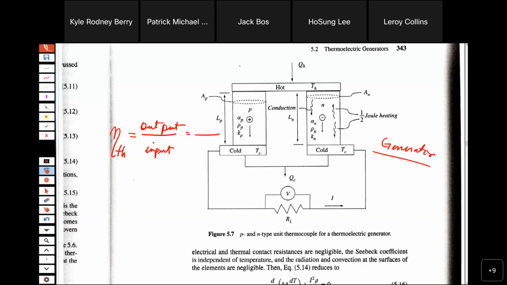Is that W net? W net is the output. Would the heat input be the input? I'm talking about input. What is the input? QH? Yes. Output is the power output. That's what I talk about.